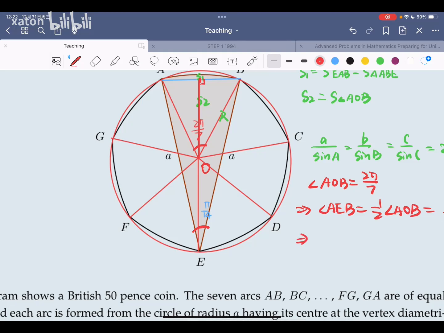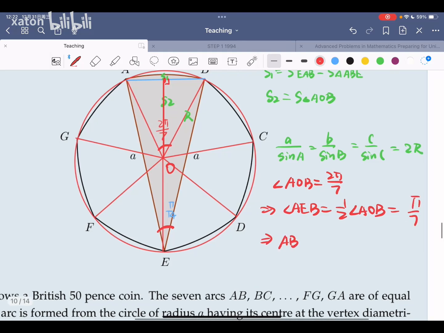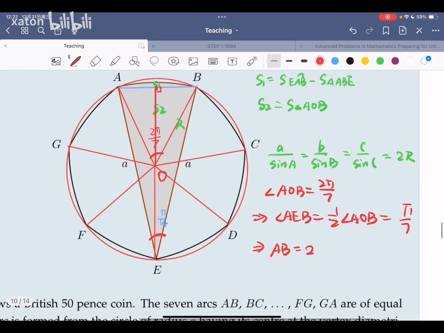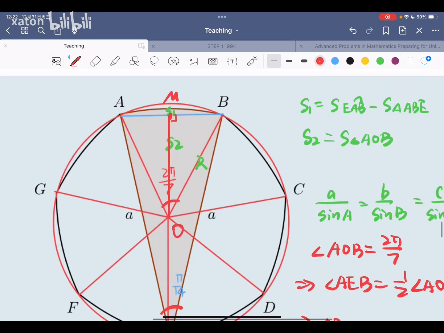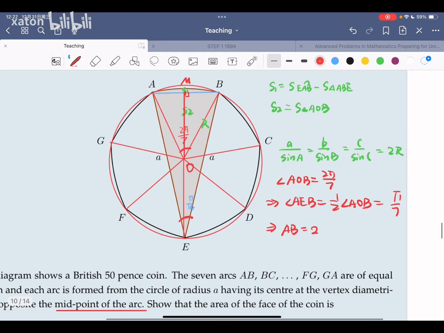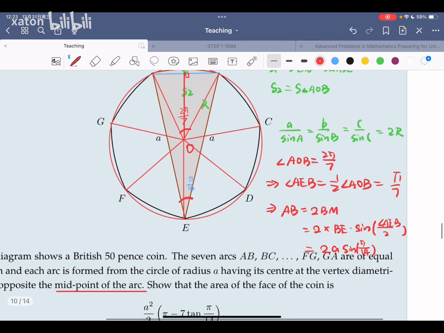If we say the midpoint of AB is M, then AB equals twice the length of BM, which is 2 times b times sine of half of the angle AEB. That would be 2b times sine pi over 14. Basic trigonometry.